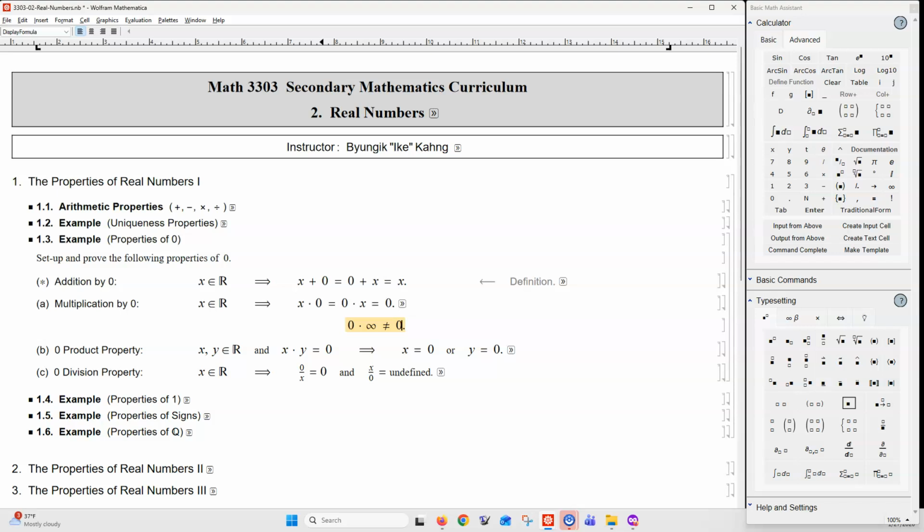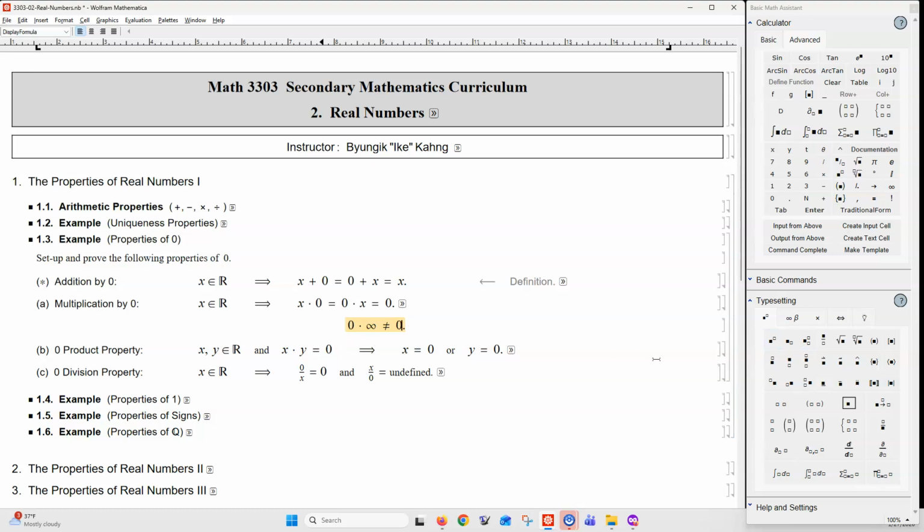But infinity doesn't follow any of those algebraic rules. It's not coming from any of those algebraic structures. Infinity is an analytic object, not an algebraic object. So this kind of thing doesn't apply.